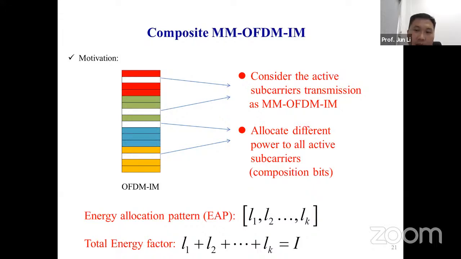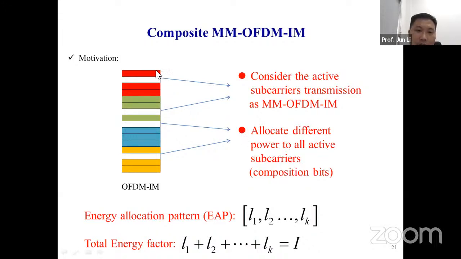So can we combine these two schemes of OFDM-IM and the multiple mode OFDM-IM? And we can also consider another dimension, which is called the power dimension. Here, I have mentioned allocating different power to the active subcarriers.